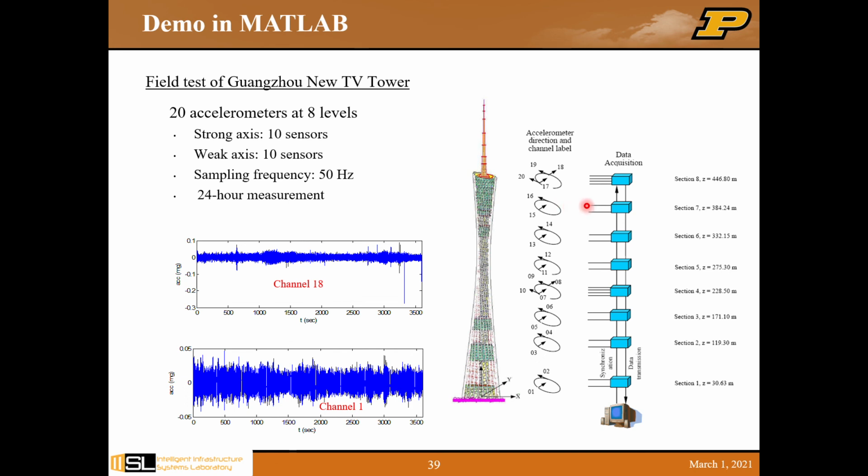We have 10 sensors in the strong axis and 10 sensors in the weak axis. So this is the strong axis, this is the weak axis. The sampling rate is 50 Hertz, and we have 24-hour measurement data to process. In this field test, we don't have any input measurement, so we will use an output-only modal analysis strategy to identify the modal properties.